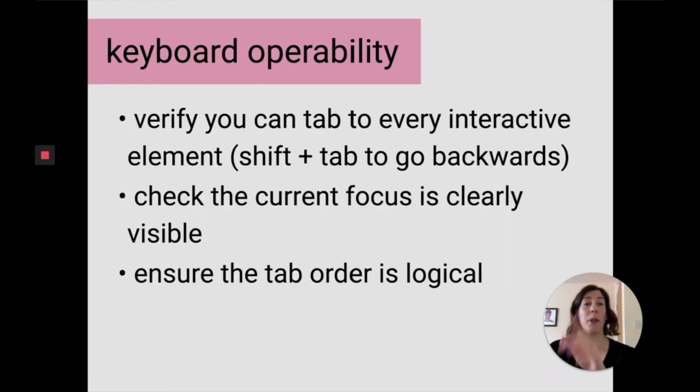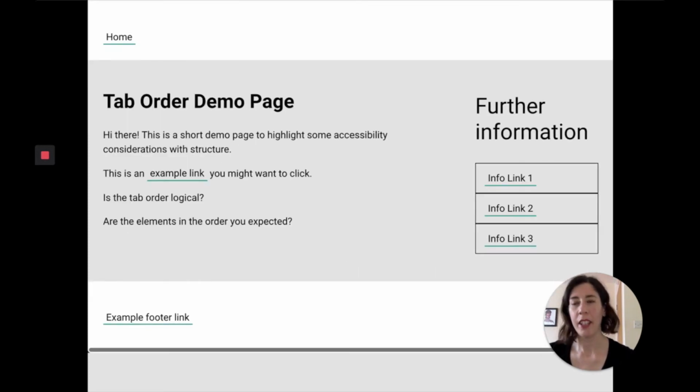Ensure that the tab order is logical as you go along, and by logical I tend to mean the order in which you would probably read it, which is normally left to right, top to bottom, depending on your country. And here's a little example of how it can go wrong.